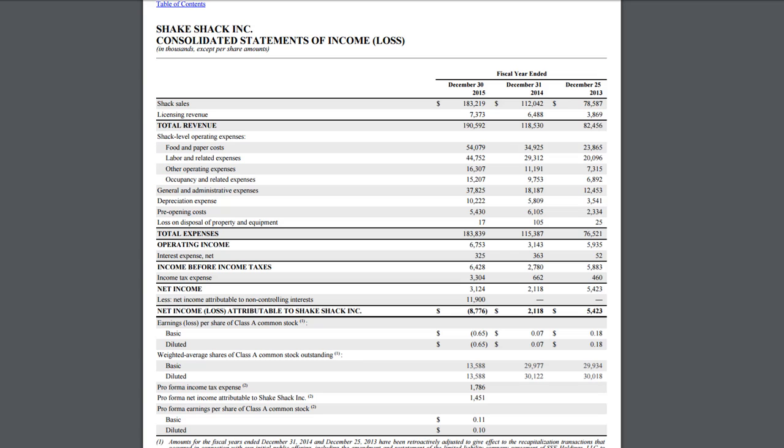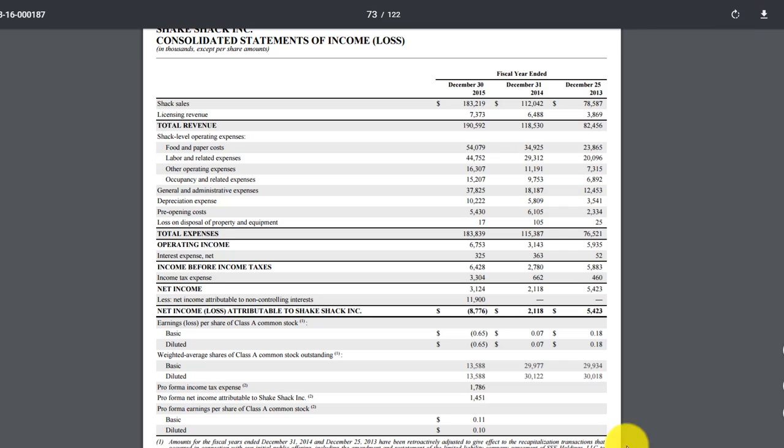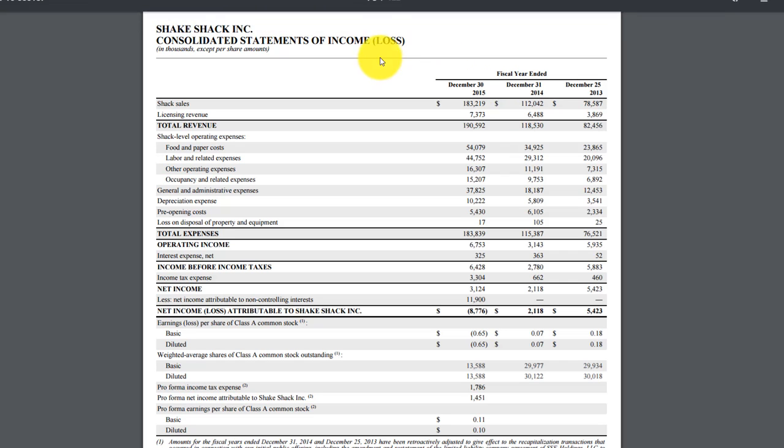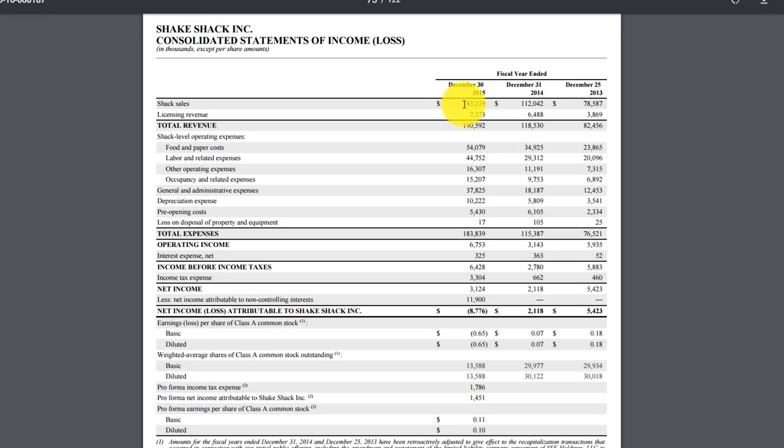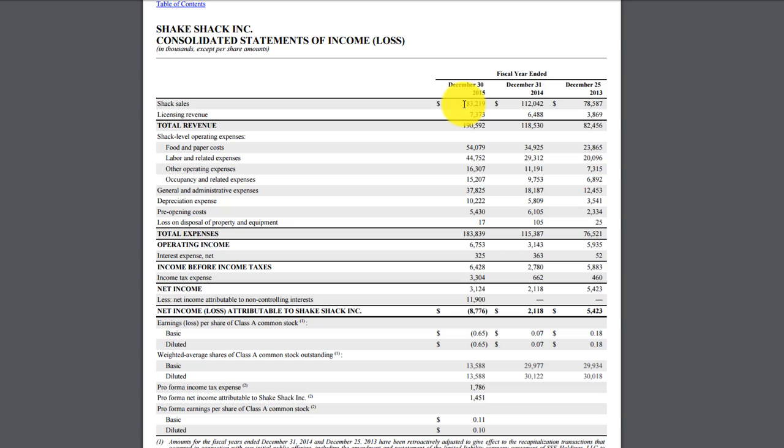And if you look at that line item, you see that for the year ended December 2014, they sold 112 million, because this was all in thousands. They rounded to the nearest thousand. And then in 2015, 183,219,000. That's a considerable increase.